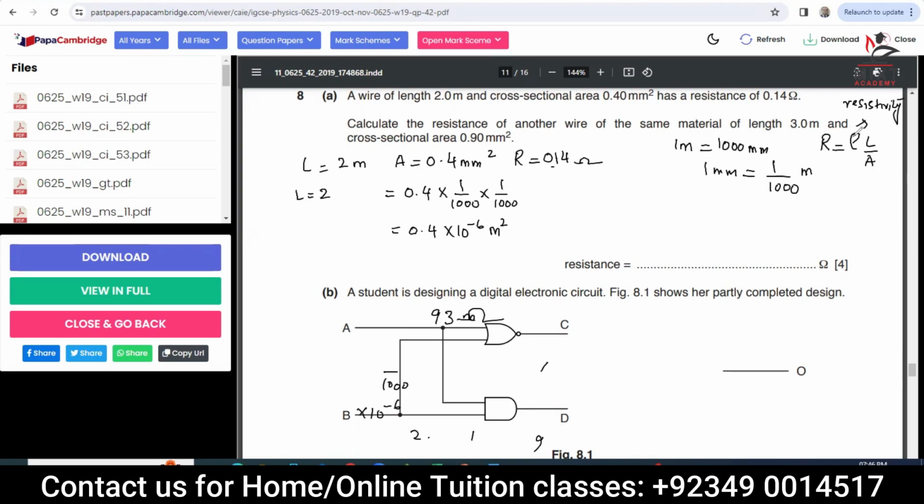Now we need to find the resistivity constant. So rho is equal to R into A divided by L. I just manipulated the value. R value is 0.14 multiply by area, which is 0.4 into 10 raised to power minus 6 and divided by length, which is given as 2.